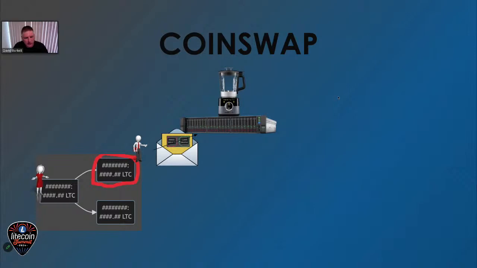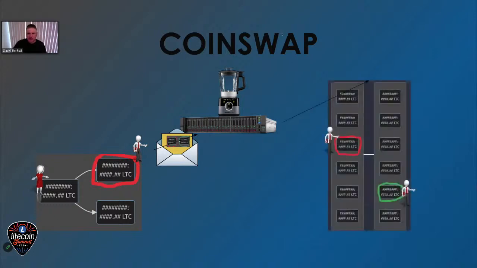You send the current coin, and then a new coin you want, to this mixing service. They get a whole bunch of messages like that, and every so often they will combine them all together and post a transaction to the blockchain.